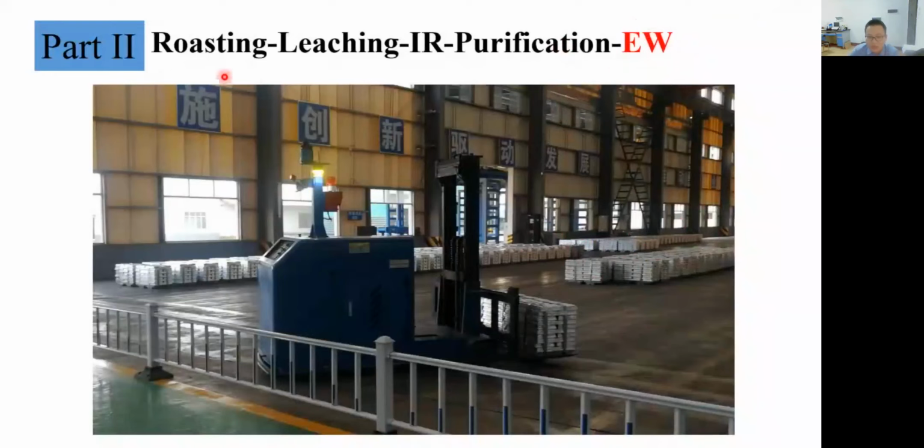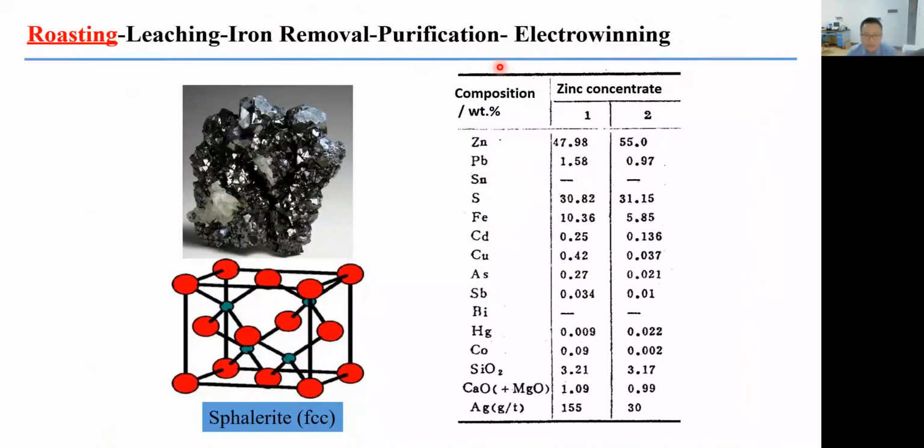And mainly we are going to start these four stages this afternoon. The first one is the most important, because this is an international virtual course on metallurgy. So we want to know the mechanism, the chemical reactions behind this flow sheet.